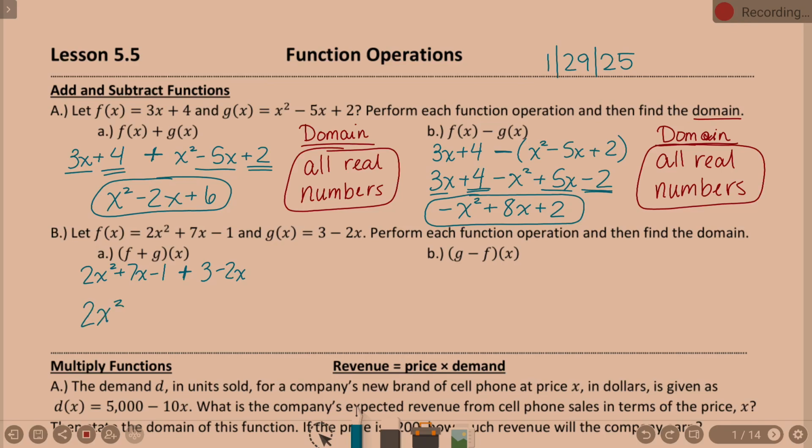I'm going to put my 2x squared out front. There just happens to only be one x squared term again. What do you want in x's? 7x minus 2x is a plus 5x and minus 1 plus 3 is positive 2.